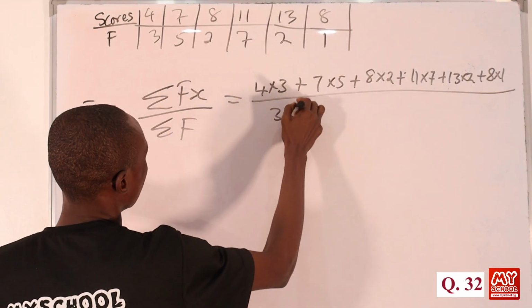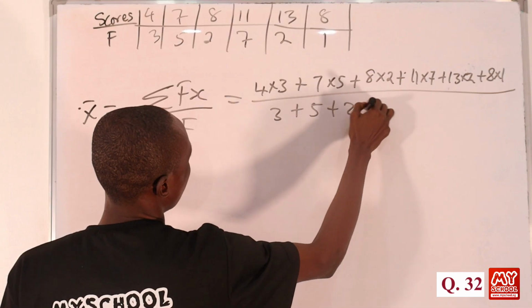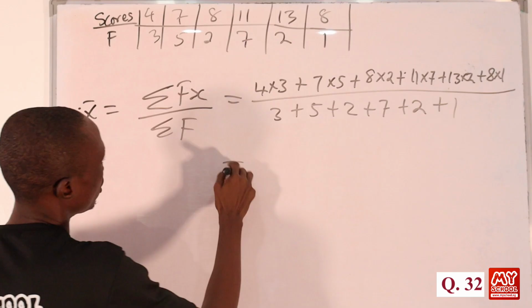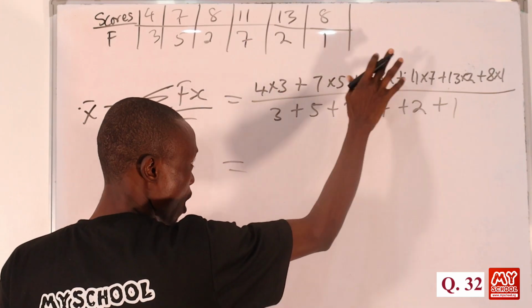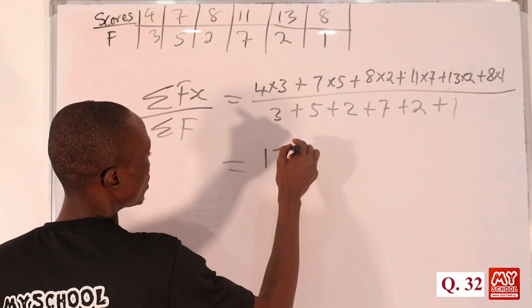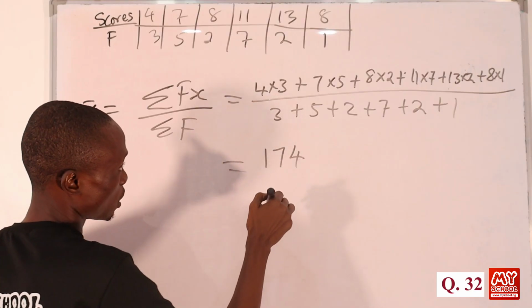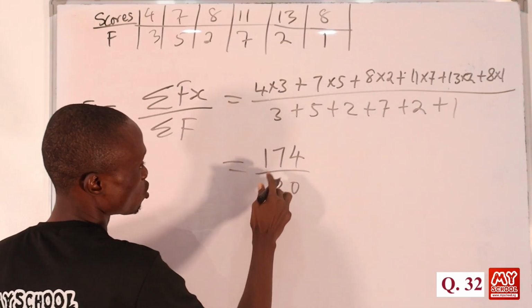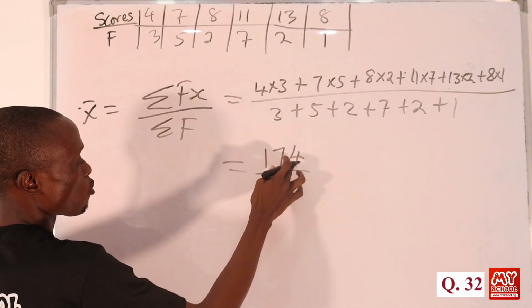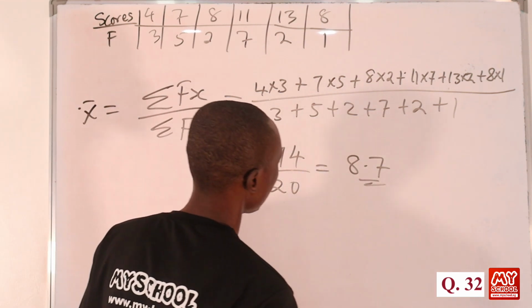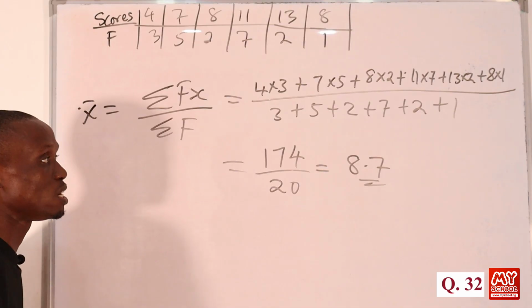So that will be 3 plus 5 plus 2 plus 7 plus 2 plus 1. Okay, so if we multiply and add everything together, we have 174. While if we add all the frequencies together, that will be equal to 20. So here we will have 174 divided by 20. So if we divide, that will be equal to 8.7. Okay, so the mean of the score is equal to 8.7.